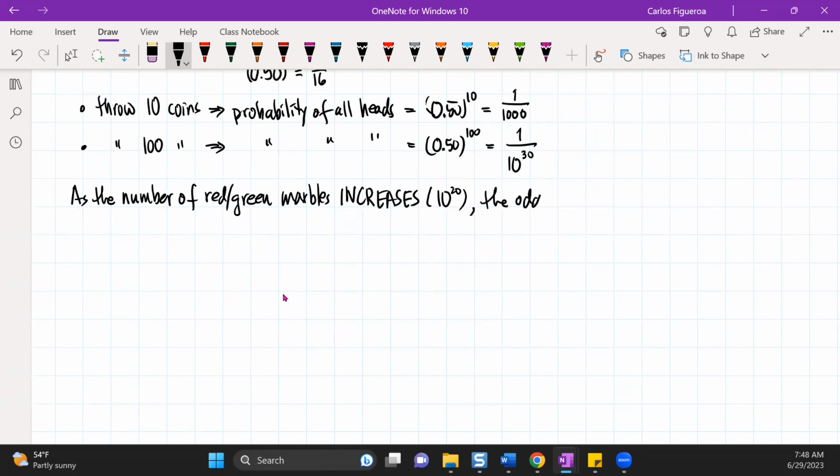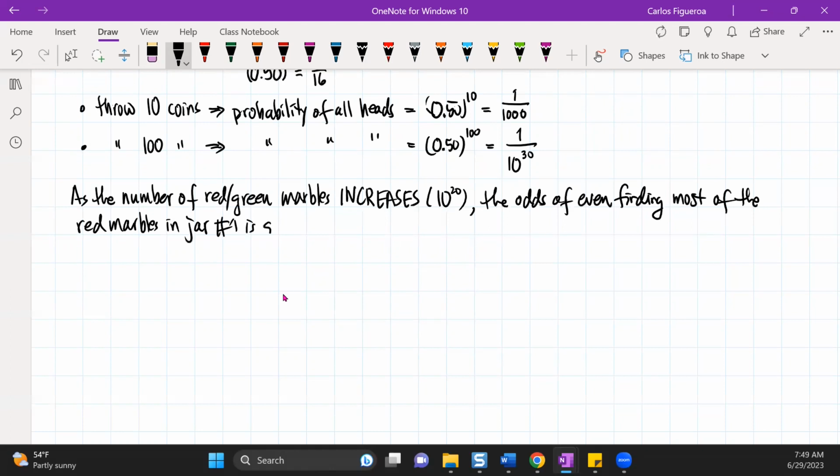The odds of even finding most of the red marbles in jar number 1 are so staggeringly small, it will never happen.